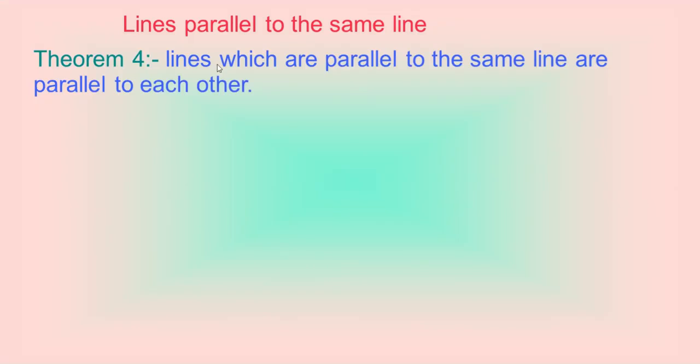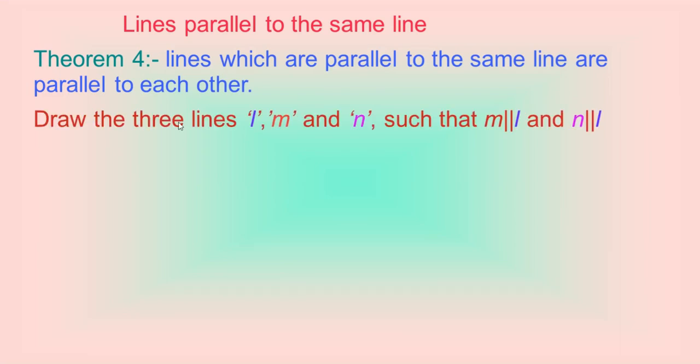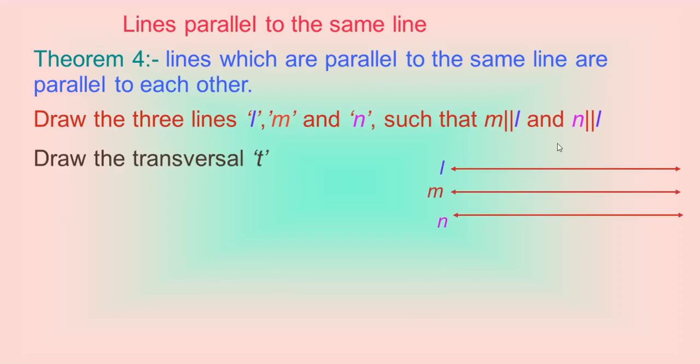Lines parallel to the same line. Theorem 4. Lines which are parallel to the same line are parallel to each other. Draw the three lines L, M and N such that M is parallel to L and N is parallel to L. Line L, line M, line N. Draw the transversal T. Since L and M are parallel, these two corresponding angles are equal.